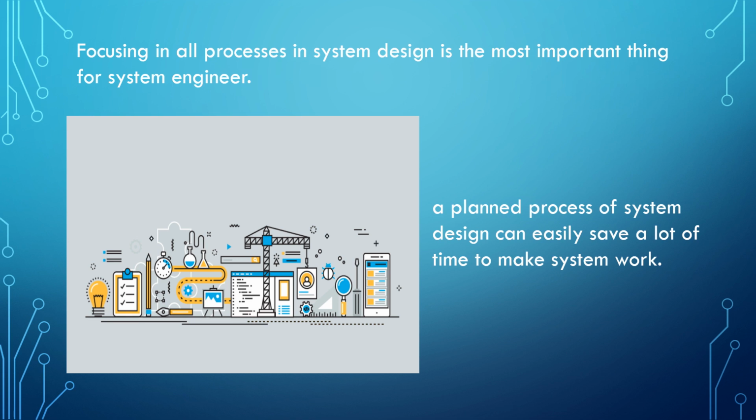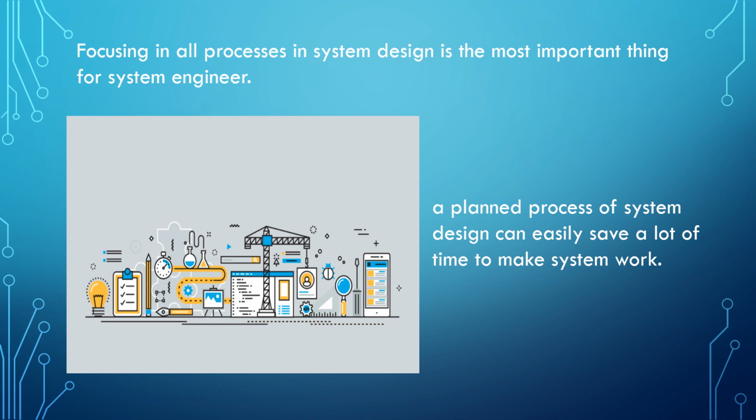Unlike R&D engineers, they just focus on the development and the design. They just use their knowledge for the design. It's good enough. But the system engineers have to focus on all processes and give the other engineers the right direction to work.